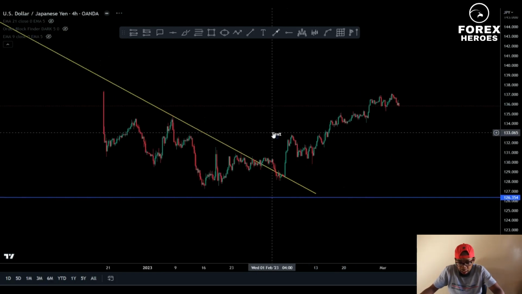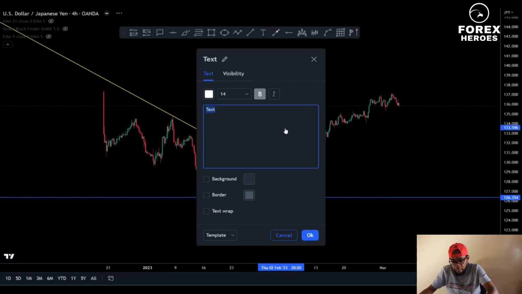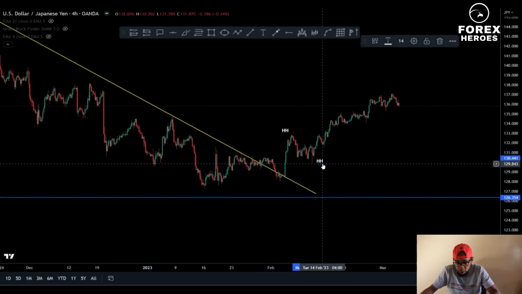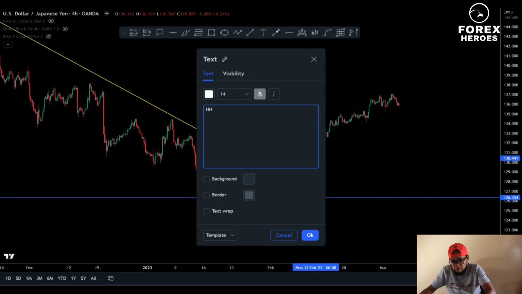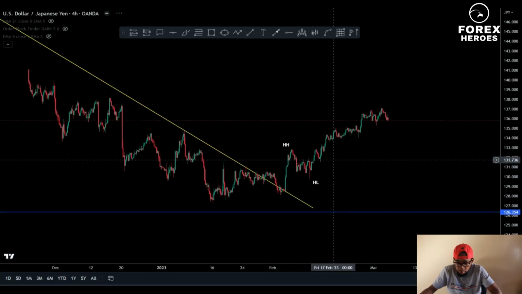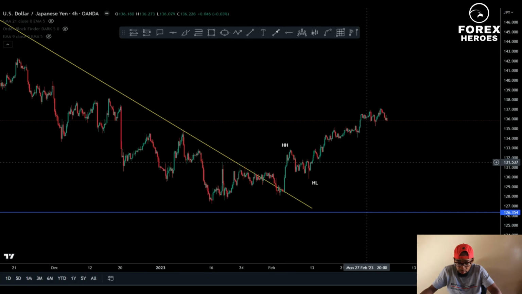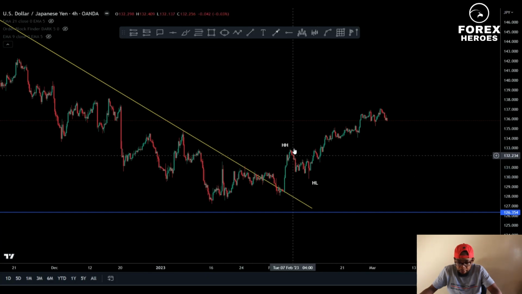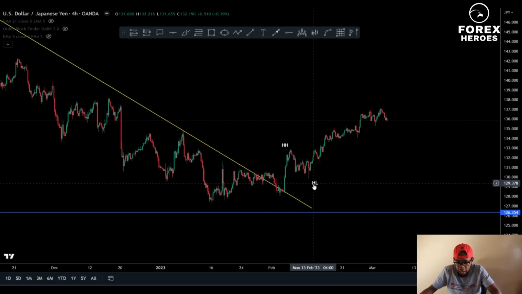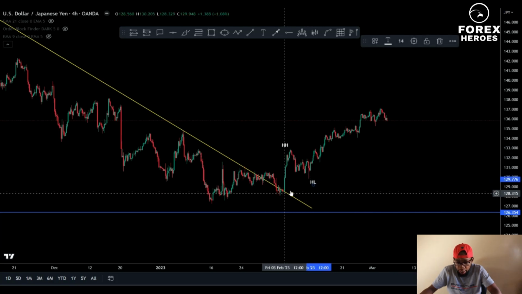This I can take as a higher high, and then this will be a higher low. So can you see this high is higher than this one, and this higher low is higher than this.